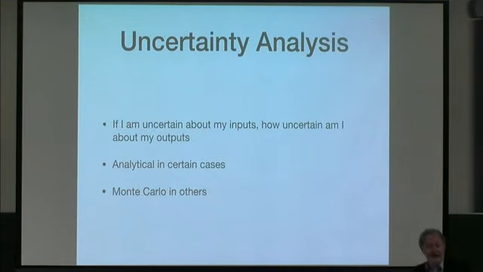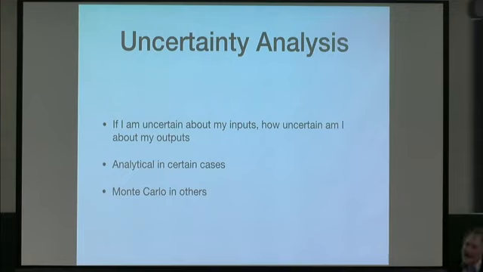Then there's uncertainty analysis. If I'm uncertain about my inputs, I put some probability distribution on the inputs to my model. What probability distribution does that induce on the outputs? In certain cases, we can do that analytically because our Gaussian process is a normal distribution, and we can propagate that through.